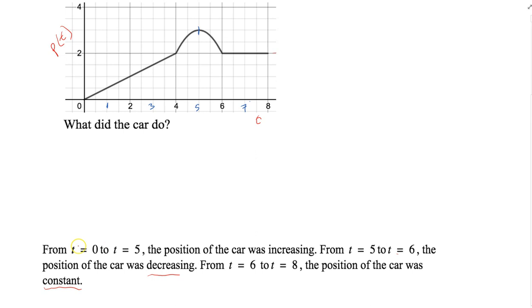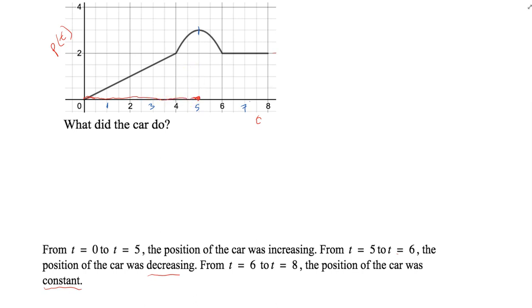So what we are looking at is specifically the x values, and if we want to use colors to say, okay, from t equals 0 to t equals 5, we could use, let's see, red color to represent that we're increasing.